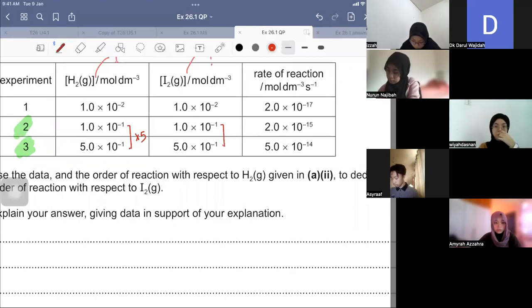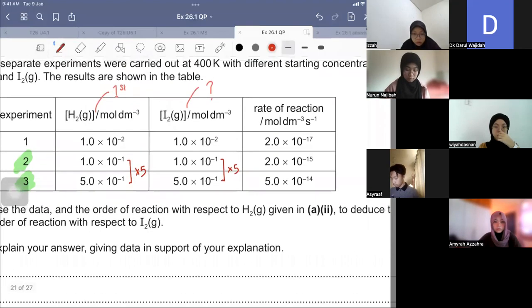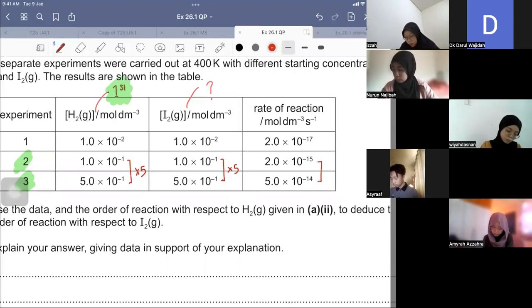Same thing, my iodine increases by a factor of 5, or times 5. But remember that my hydrogen is first order. And then I want to find how much my rate has increased. So again, take the bigger number, which is the bottom number, minus 14 divided by 2 times 10 to the power of minus 15. So that is an increase of 25.